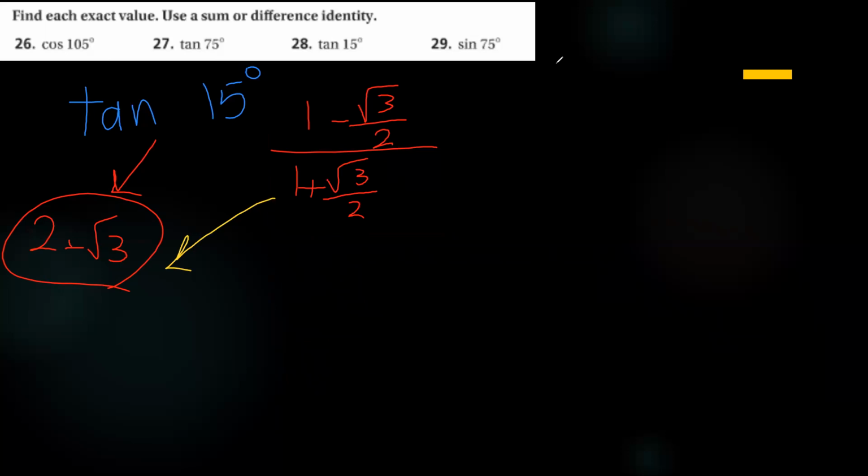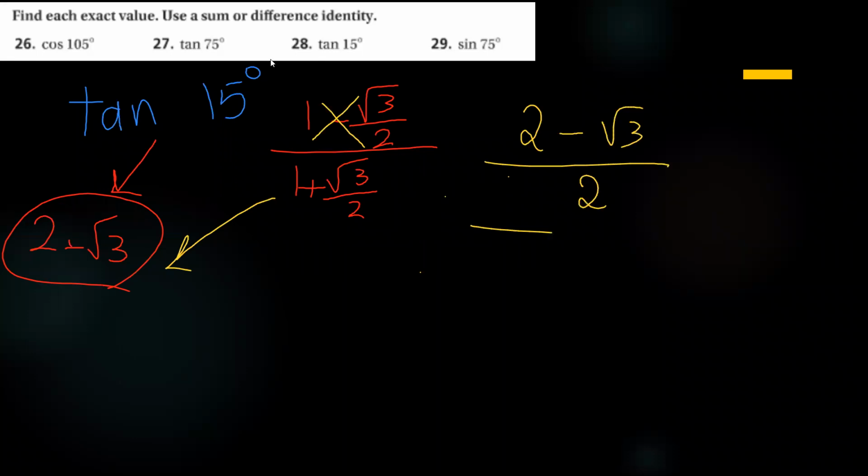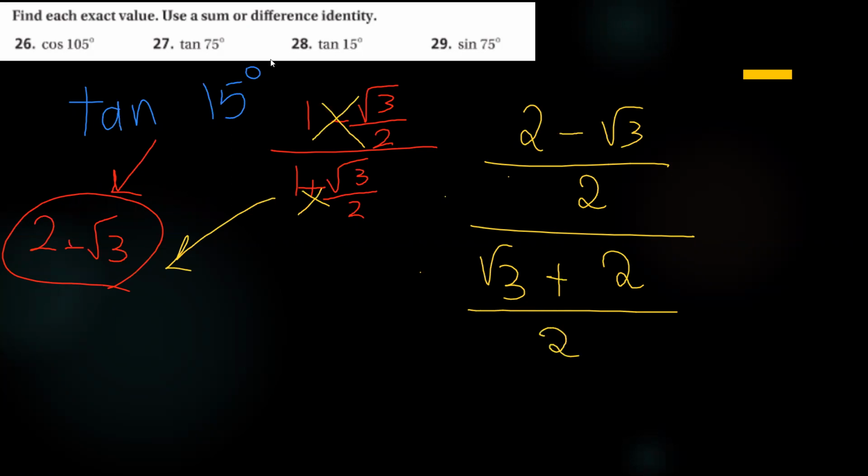Now, how can I know it is correct? By simplifying it. It is 2 minus square root of 3 over 2 over square root of 3 plus 2 over 2.